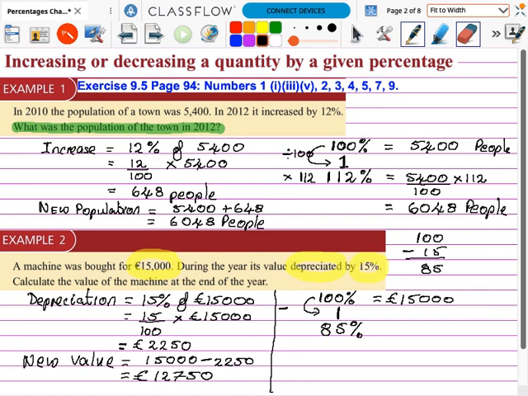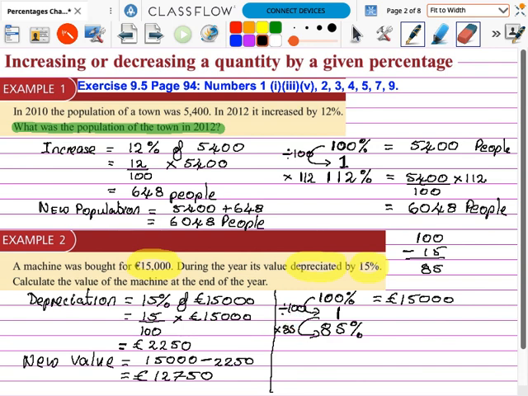I'm dividing, and I'm dividing by 100. To get from 1 to 85, am I multiplying or am I dividing? I am multiplying.